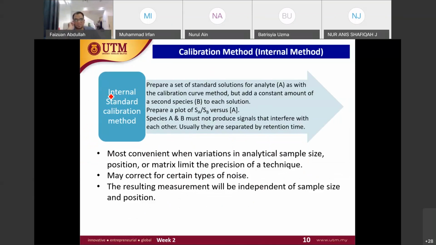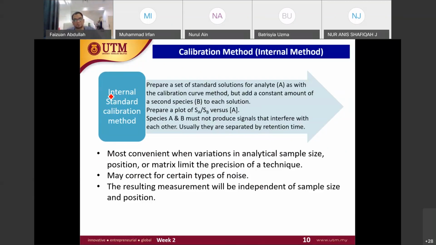So what is species A, species B? Prepare a plot of species A divided by species B versus the analyte A, the analyte in the calibration plot.